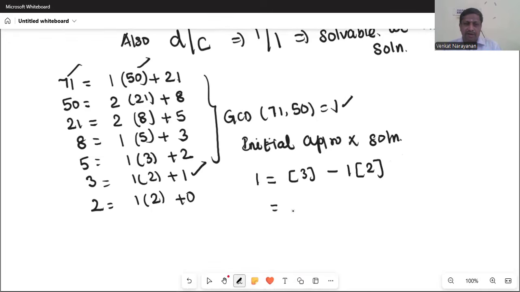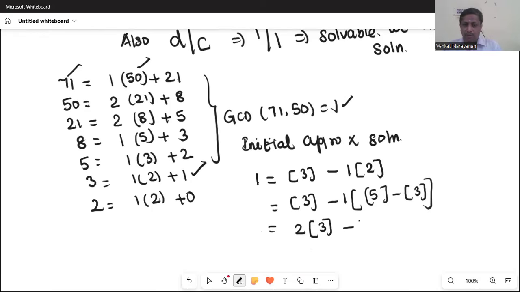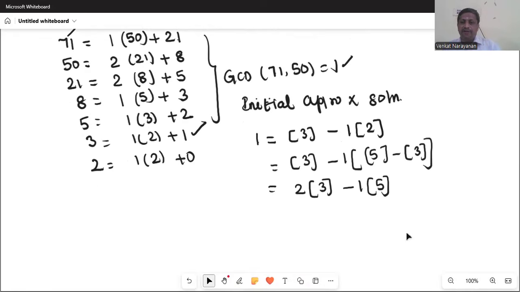First we write 2 as 5 minus 1 times 3. So we get 2 times 3 minus 1 times 5. Now the equation is in terms of 3 and 5.